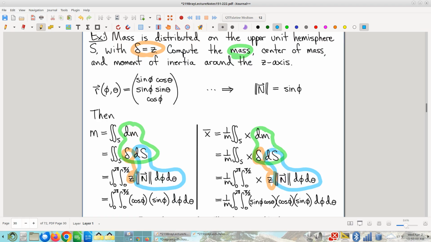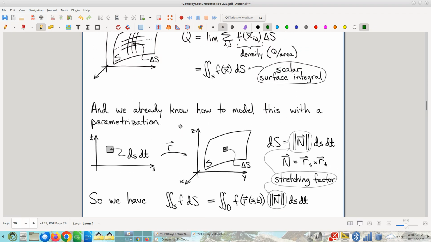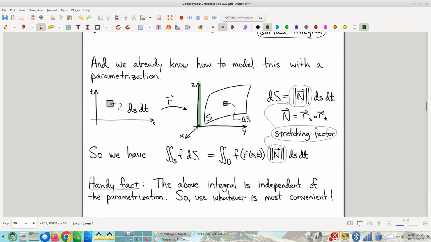Oh, now one easy one to forget, very easy to forget. What do I do with Z? I'll use dark green. Right, where does Z come from? Don't forget, Z is a position, Z is an output coordinate, and output coordinates are part of the parameterization.